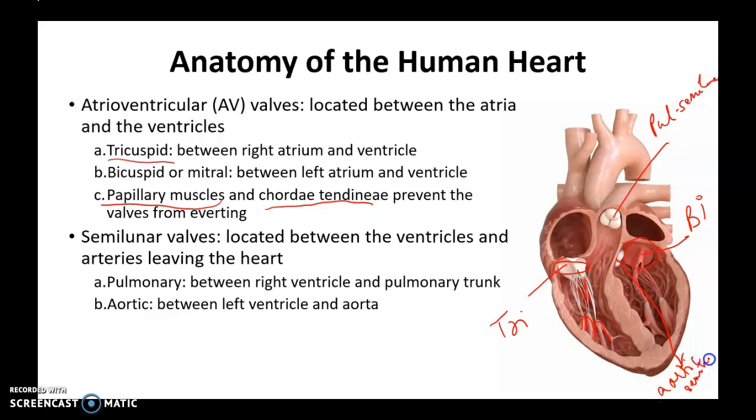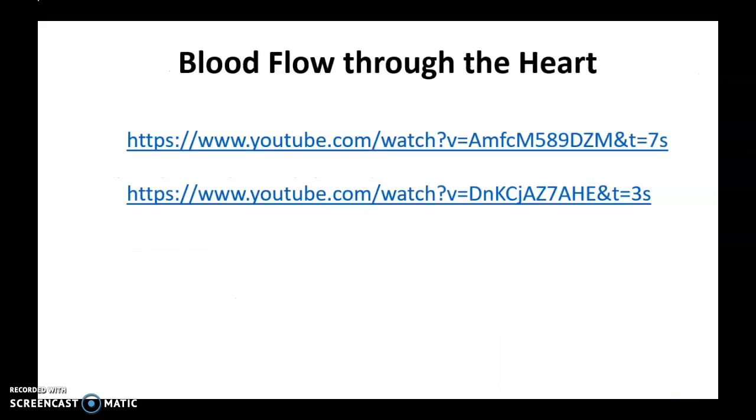The pulmonary semilunar valve lies between the right ventricle and the pulmonary trunk, and the aortic semilunar valve is located between the left ventricle and the aorta. So 4 valves. All right, so these are my 2 YouTube videos. They are actually made for my anatomy class, but I really want you to review the basic structures and the blood flow through the heart.